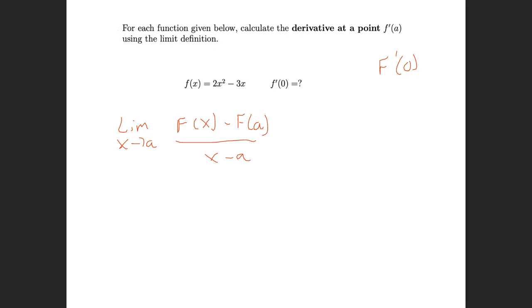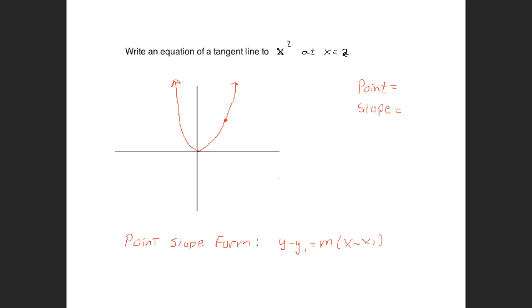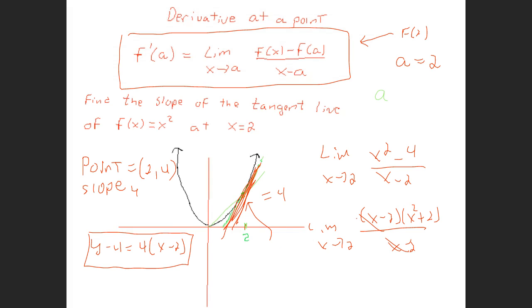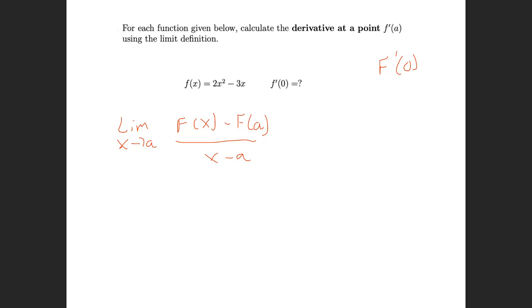Okay, so there's my formula. What I'd like you guys to do is spend a little bit of time. I want you to use this formula and solve this problem. What is the slope at 0? Okay, so I'm going to turn off my mic. I'm going to let you guys work, see how you do.